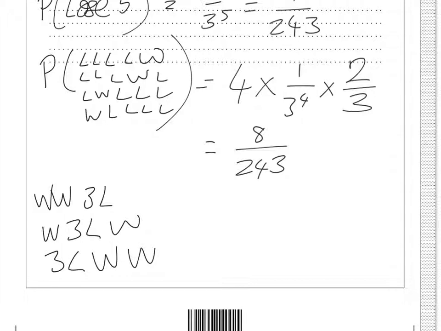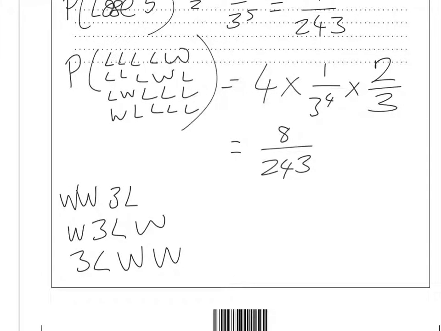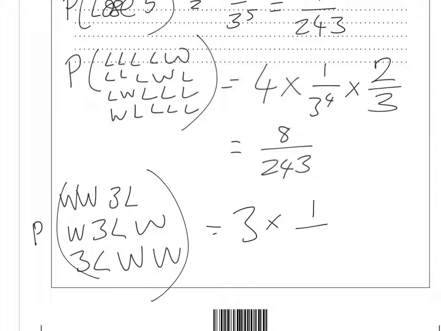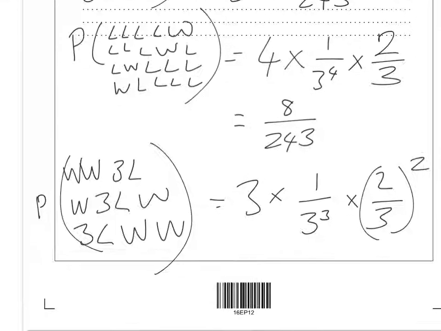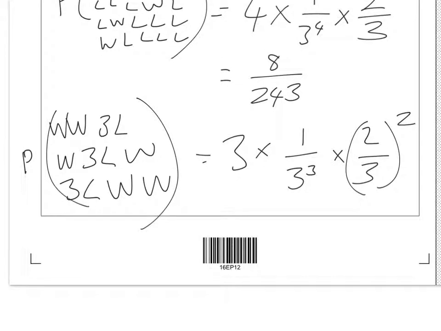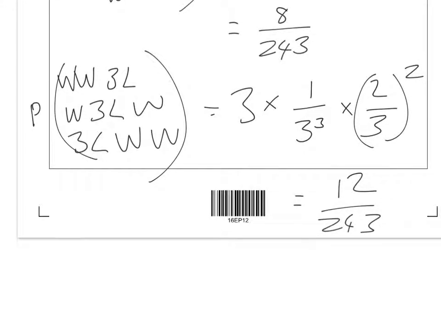So any of those combinations: win, win, followed by 3 losses; a win, 3 losses, then a win; or 3 losses, followed by 2 wins. They've all got the same probability, so that's 3 times 3 losses, which is 1 over 3 cubed, and 2 wins, 2/3 squared, for a total of 12 out of 243. And if you add all that up, it's going to give you 21 out of 243.